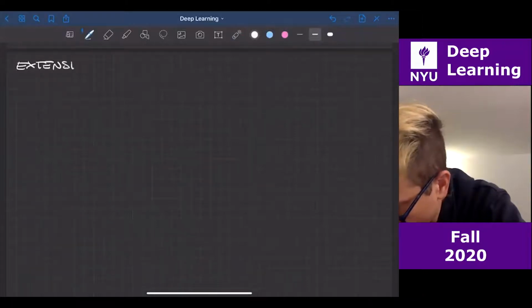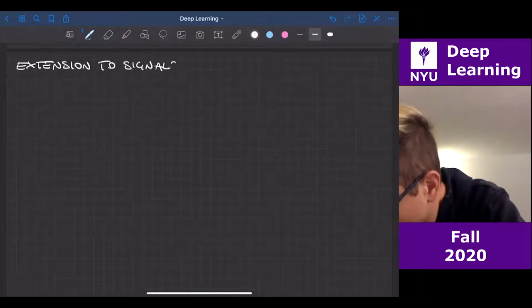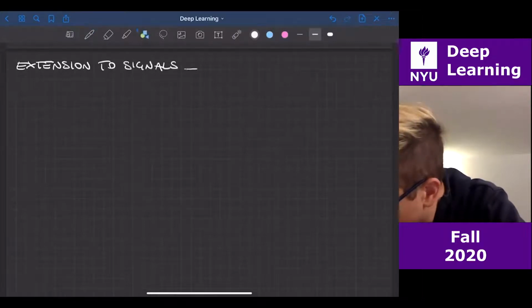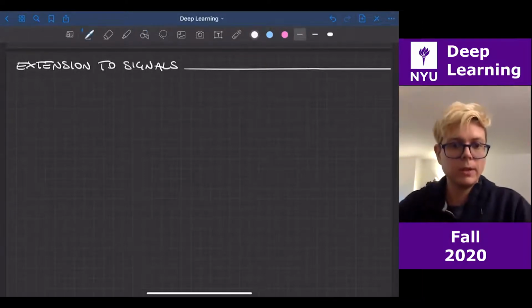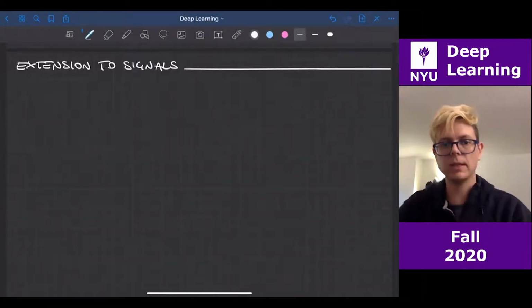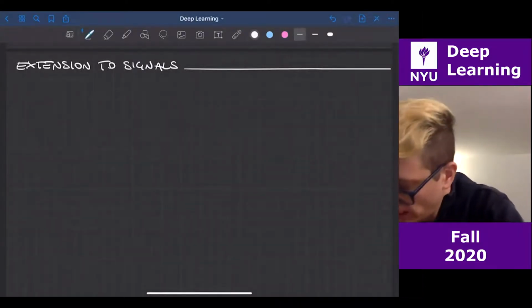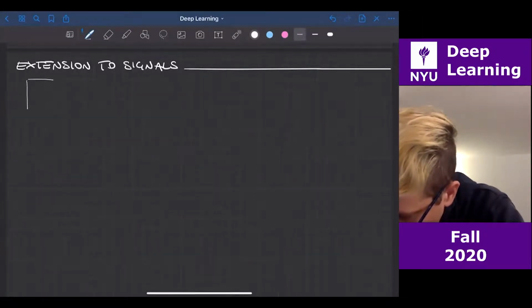Extension to signals. All right. So how do we do this? Let's start now with an initial matrix, which is going to have 3 items in these 3 columns, right?